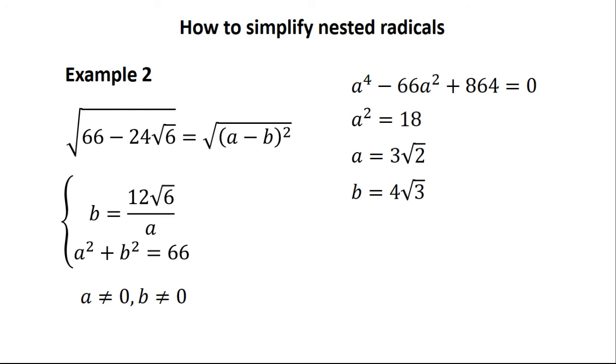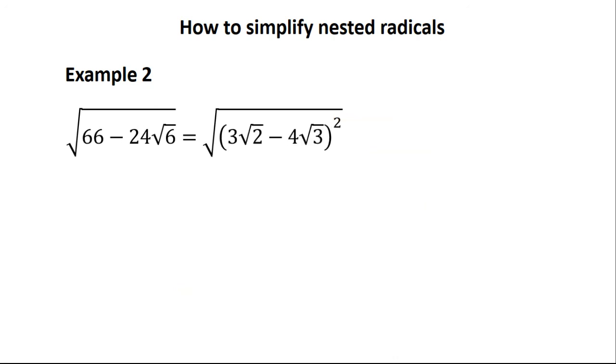So the initial expression under the radical can be rewritten in the perfect square form. It looks like this. As we already know, it equals the absolute value of the expression inside the brackets. So finally, the answer would be the following, and the denesting of the nested radical is completed.